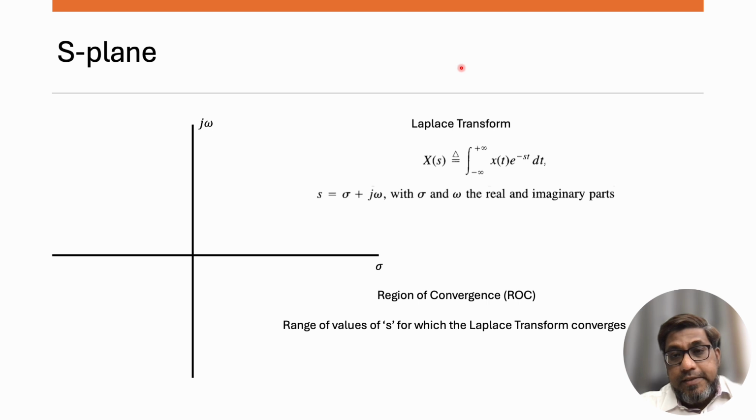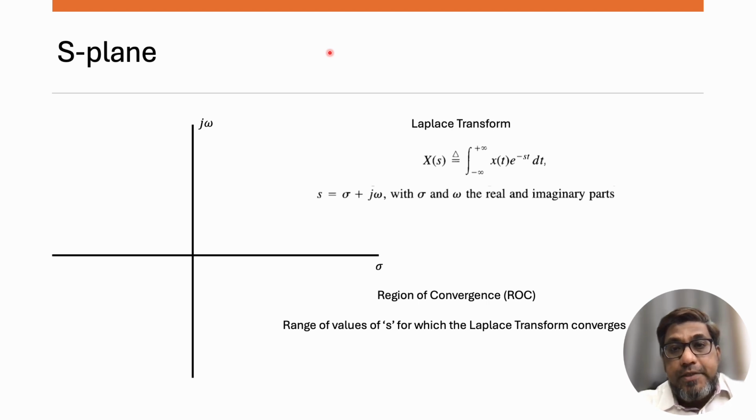For other regions, the integral would compute to be beyond the bounds. That means it will compute to infinity. So therefore, the Laplace transform does not exist in those regions. So the region of convergence is basically the range of values of s for which the Laplace transform converges.